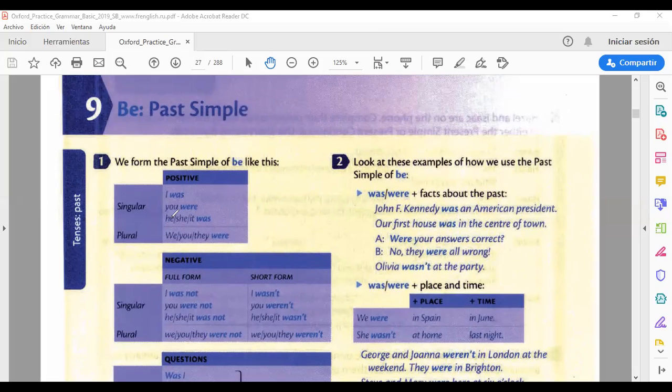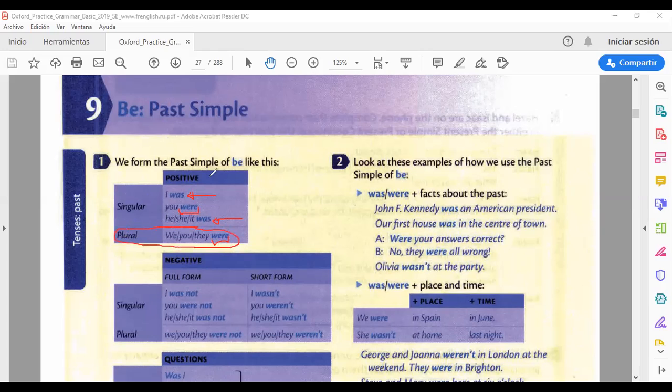As you can see here, for he, she, it, we use was, okay? And also for the first person, we use was. For the plural form, we use were right here. And for you, we use were, singular and plural right here.